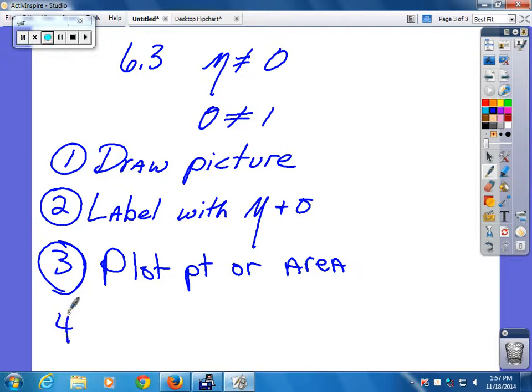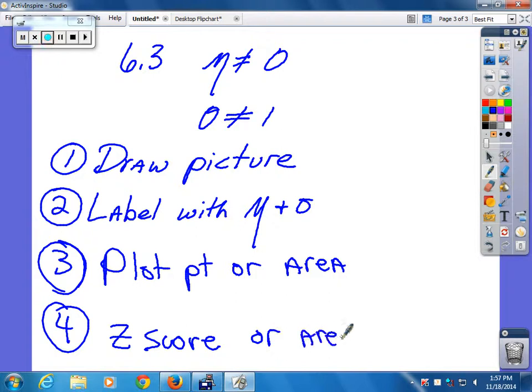And four, focus on the z-score or area, depending on what they're asking for. In other words, if they give you a point, you're going to focus on the area. If they give you an area, what are you going to focus on? The z-score. Just like the first one.